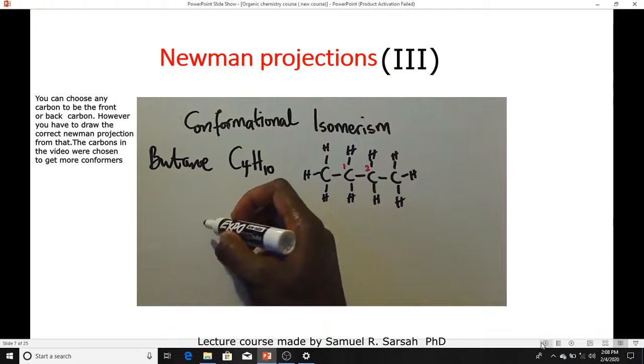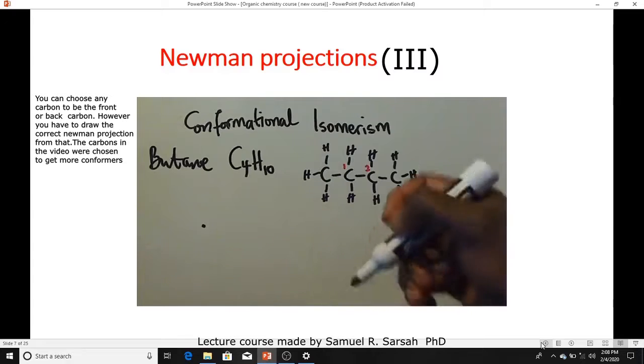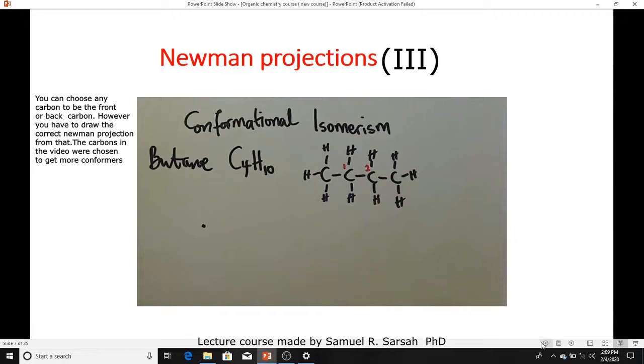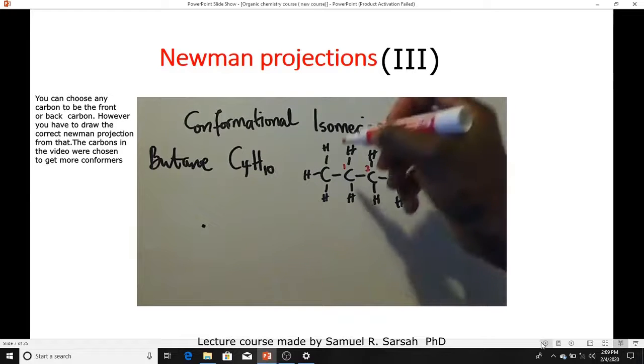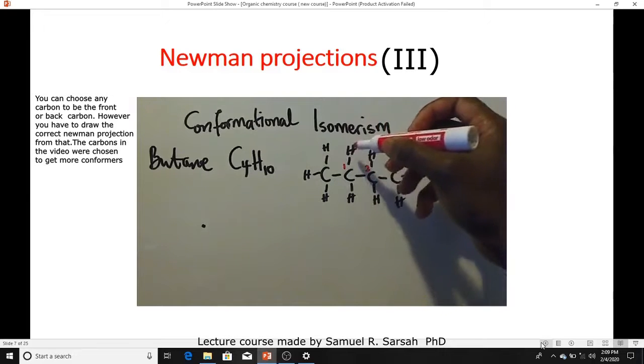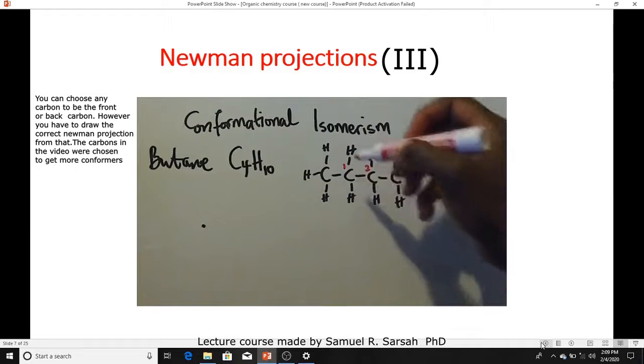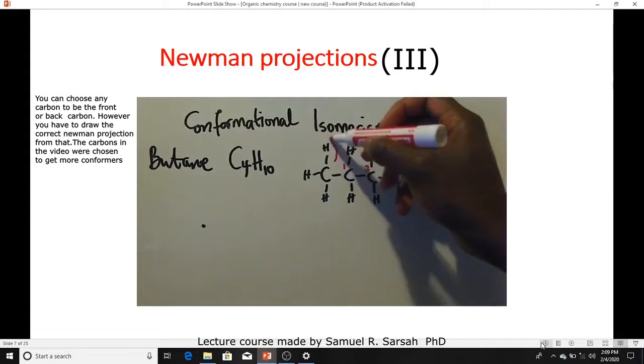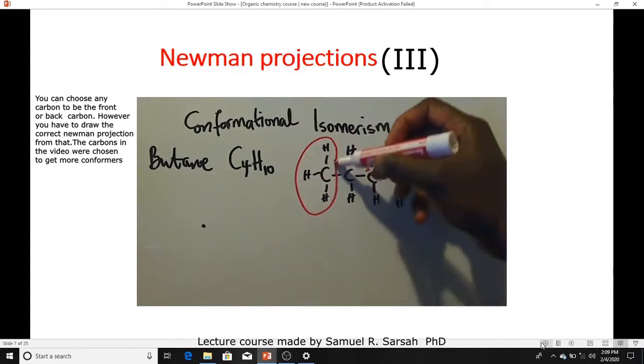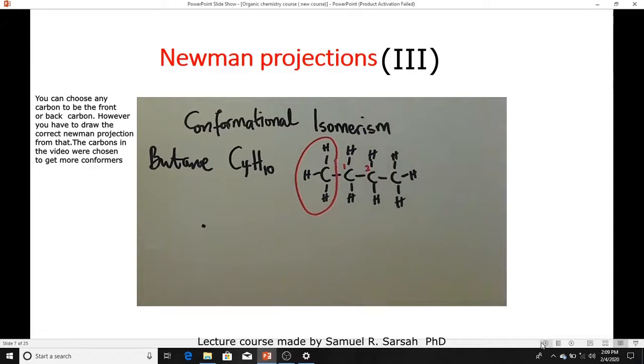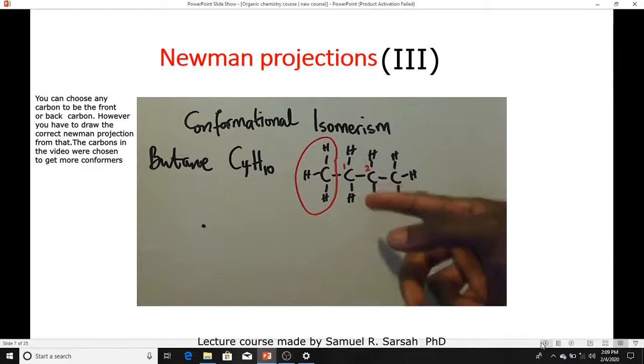Carbon number 1 I'm going to represent by a dot. This carbon has this hydrogen, and then this will be a whole group that's coming off of this carbon.